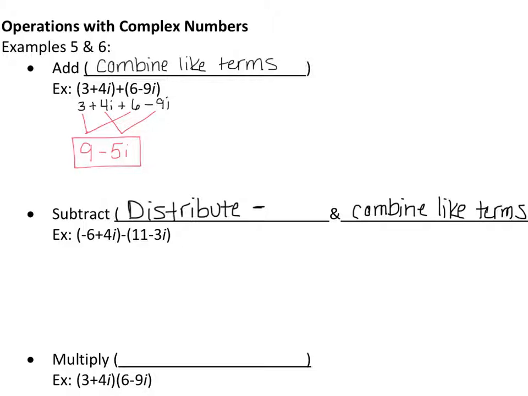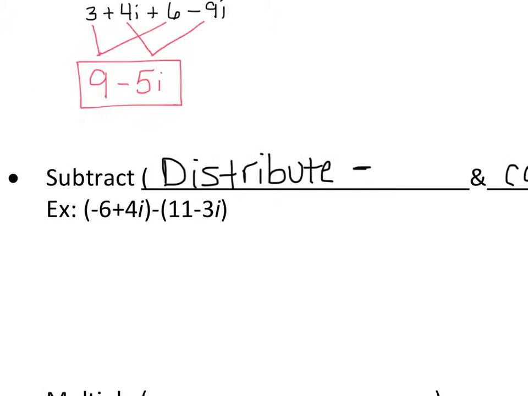So for this one, we got to distribute the negative, and you're always going to have to distribute it to what's behind. So my negative will go to my 11 and the -3i. So that makes -6 plus 4i minus 11 plus 3i because of that double negative.